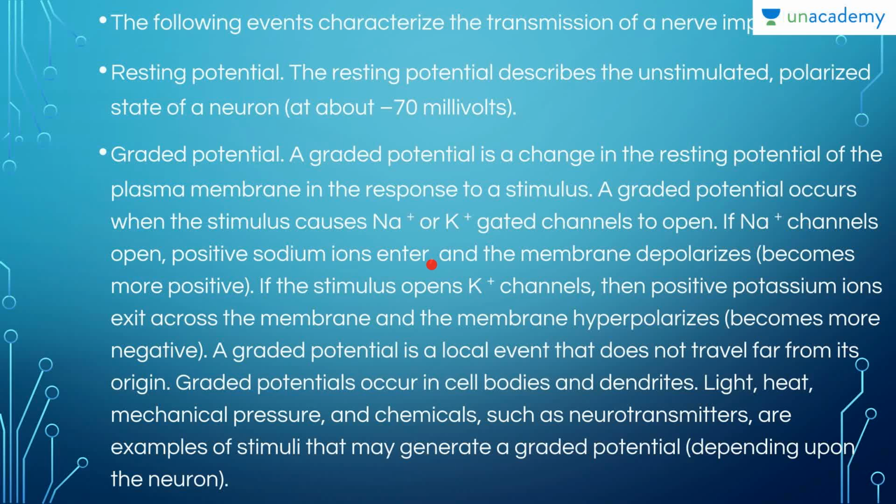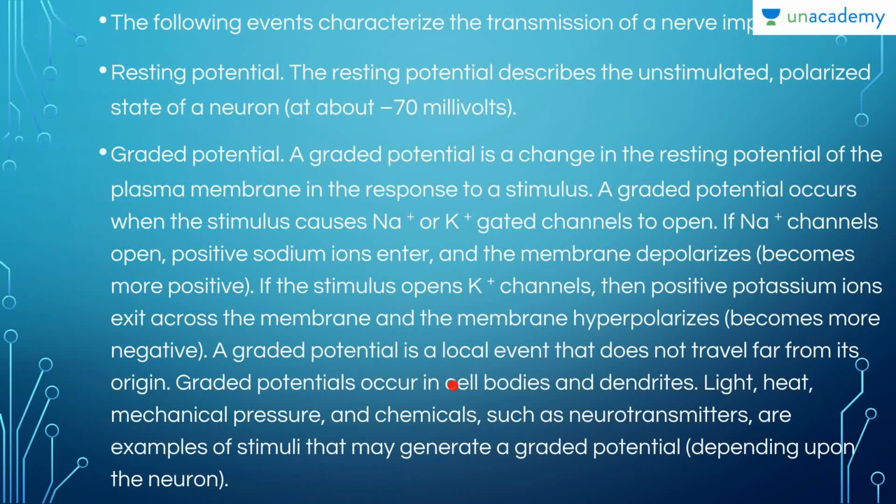As these channels open, the sodium comes inside, and the membrane depolarizes. That is, it becomes more positive, because we knew that the inside of the membrane is negative. If the stimulus opens K+ channels, then positive K+ ions exit across the membrane, and the membrane hyperpolarizes. That means it becomes more negative.